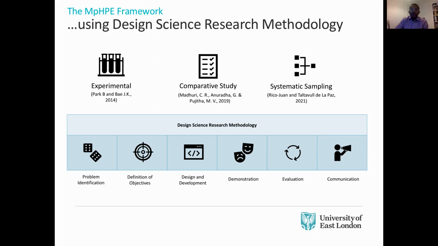Now, since this research aims to explore a multi-parameter layering approach for the design of house price estimation framework, the design science research methodology is being explored.